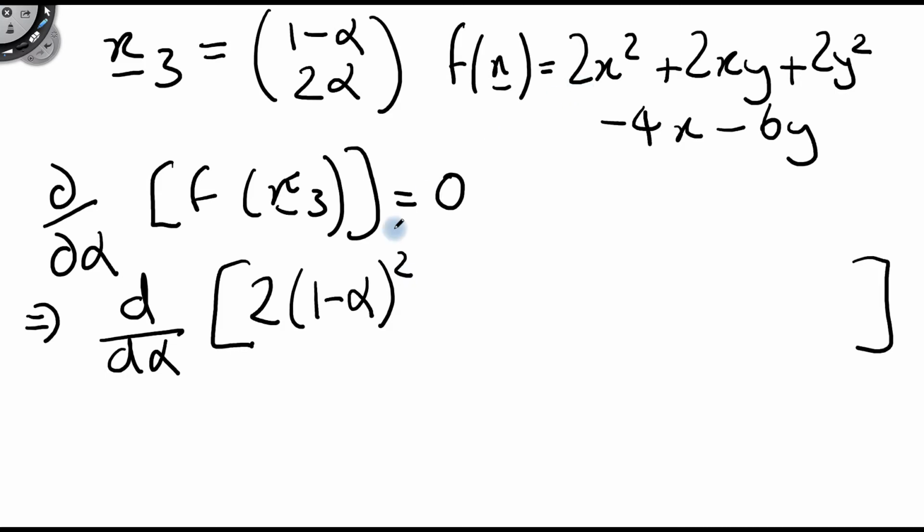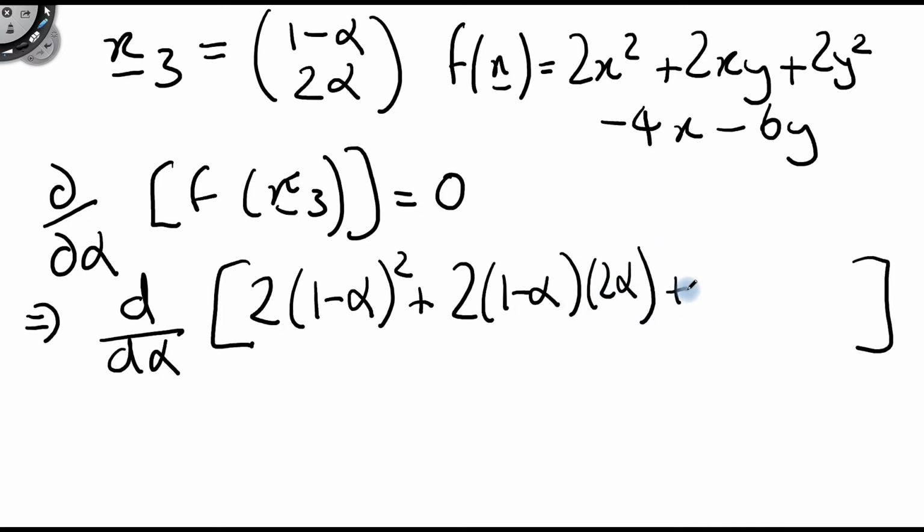That's your 2x squared term. 2xy is simply 2 times (1 minus alpha) times 2 alpha.